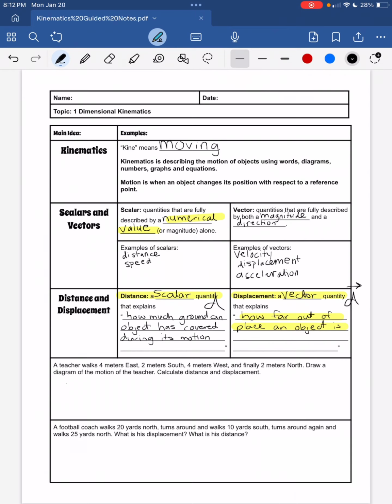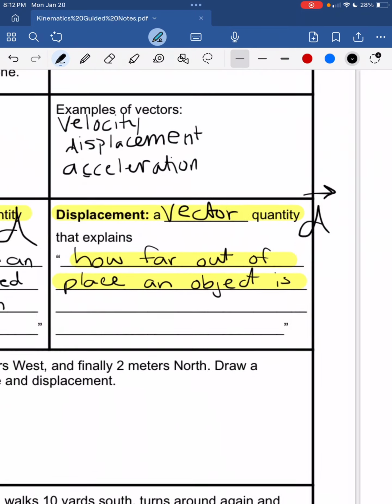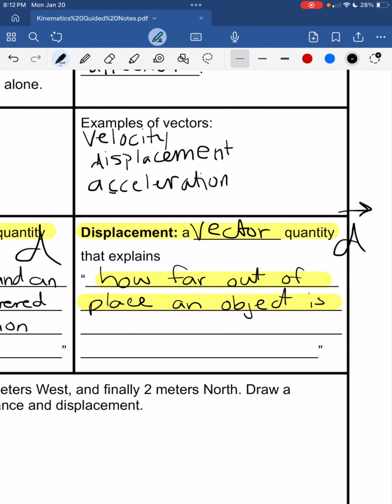Today I'm going to switch that, and I'm now going to call displacement x, and it's how far out of place an object is. So really, it's the change in its position.